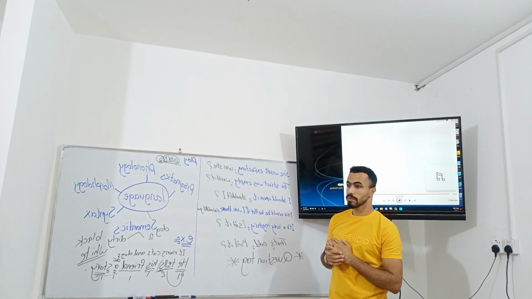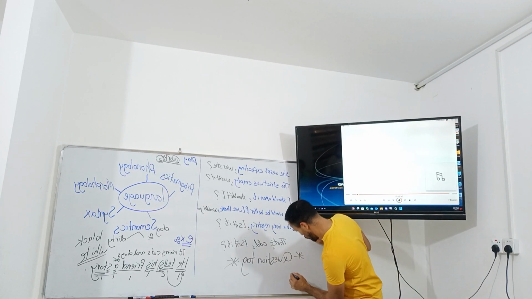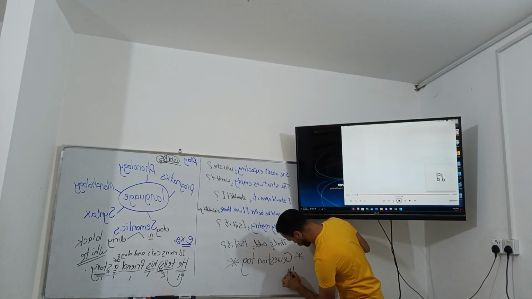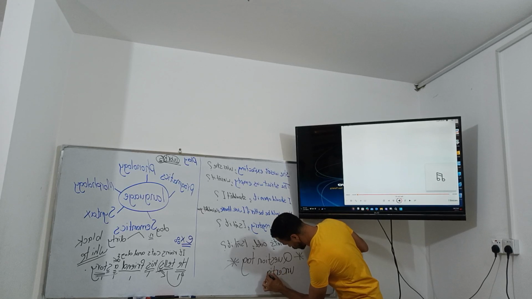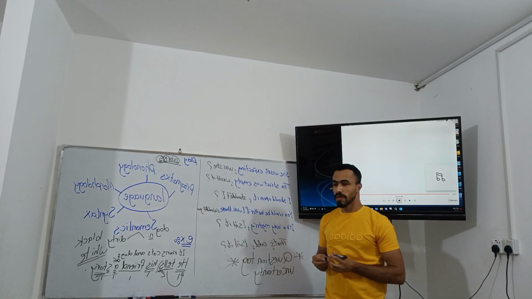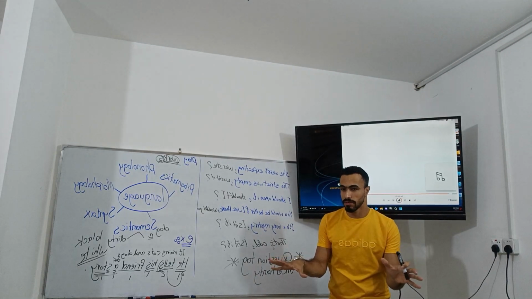Uncertain means not sure about the sentence. Uncertainty means doubt. Good. To check uncertainty about something.